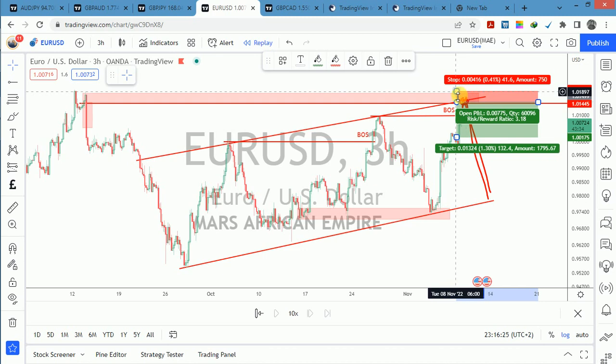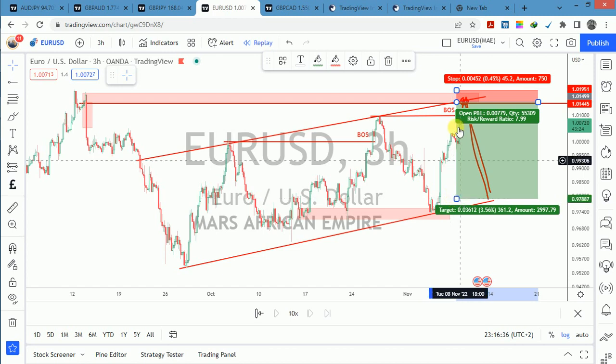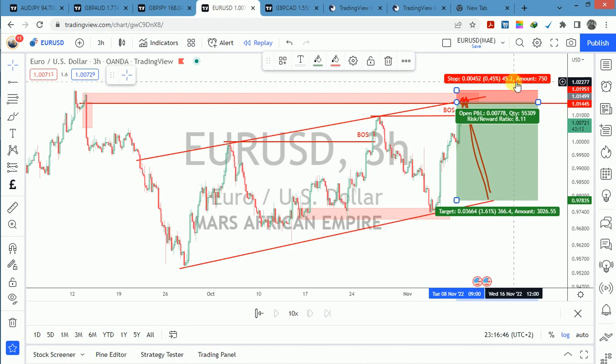Or we can just go 45 pips, because our take profit will be around 300, 360 pips. So if we go 45 pips, that would be 1:7, almost 1:8 risk ratio. So even if we go 45 pips, that's reasonable.